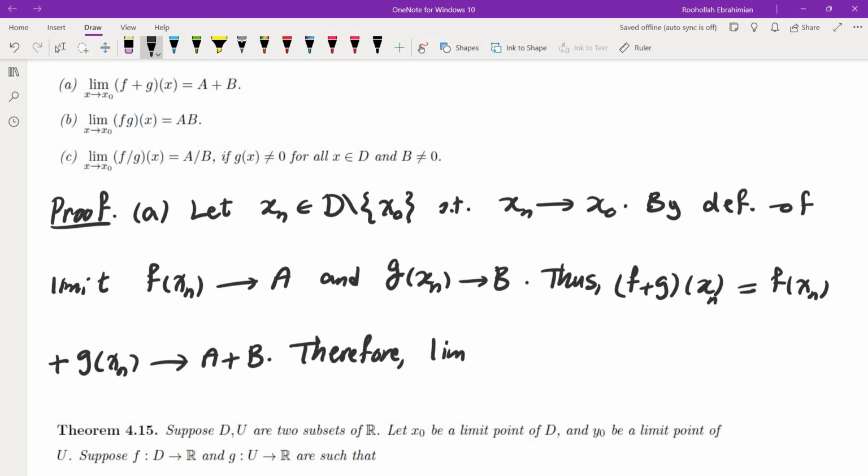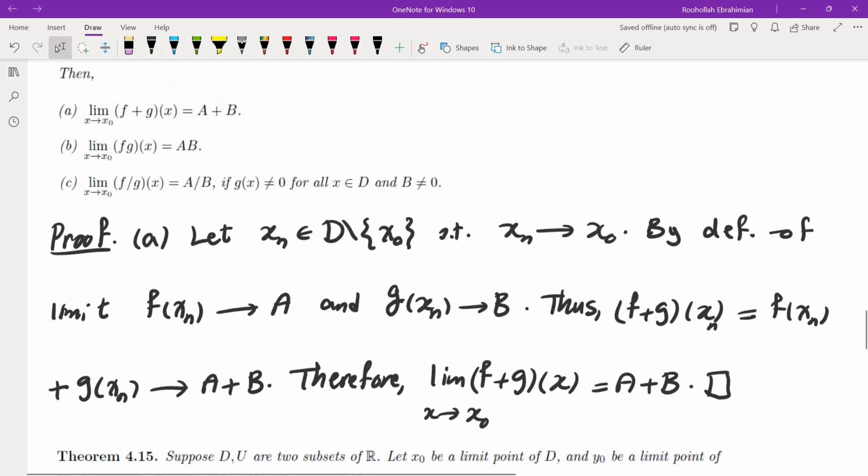That tells us that the limit of f plus g as x approaches x naught is in fact a plus b. So this completes the proof for part A. And the proofs for parts B and C are nearly identical. So we are using properties of limits for sequences.